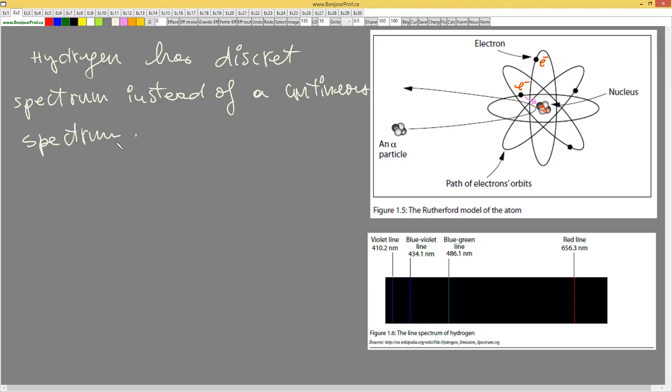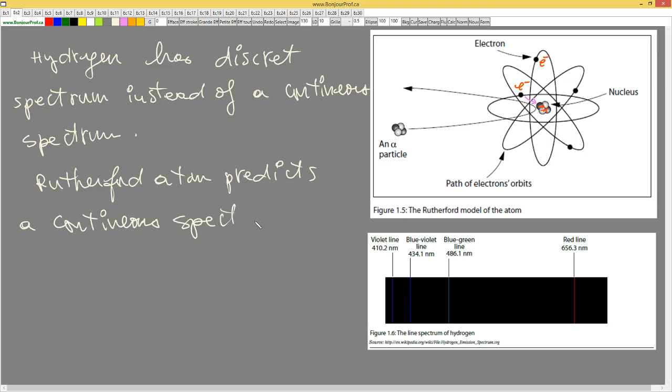Okay, but the Rutherford atom is predicting a continuous spectrum. So these are the two problems.